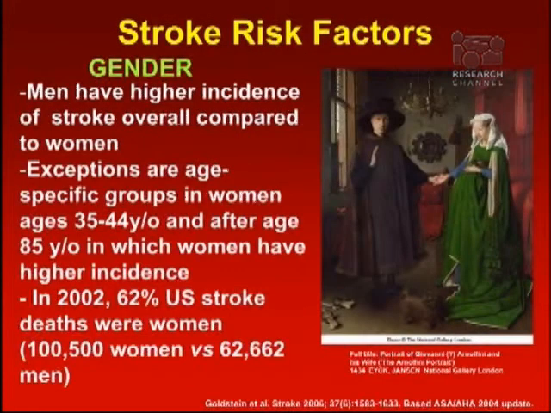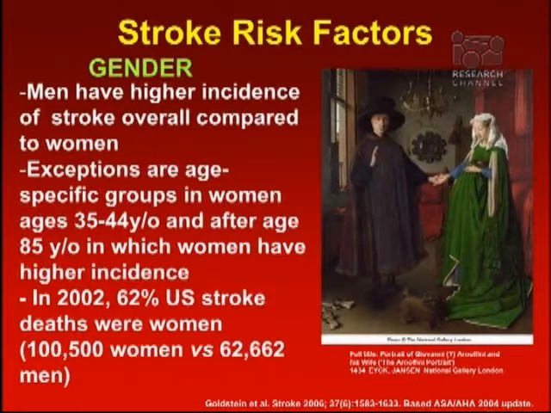So to focus on gender, men actually have a higher incidence of stroke overall compared to women. There are exceptions. Exceptions are age-specific groups in women ages 35 to 44 and after age 85, in which women have a higher incidence.